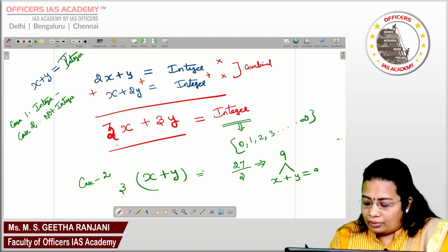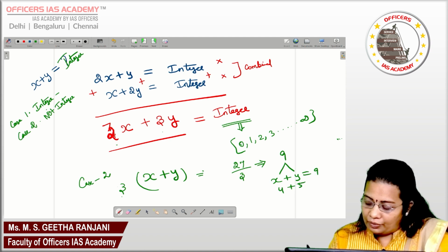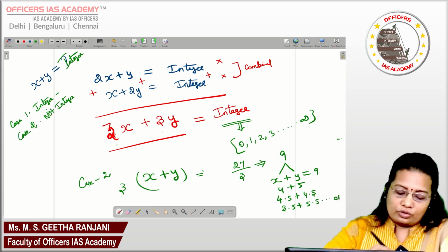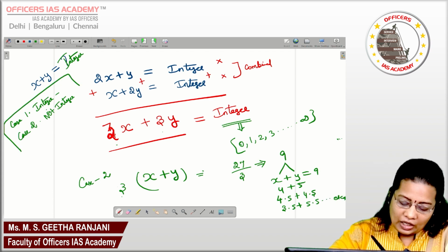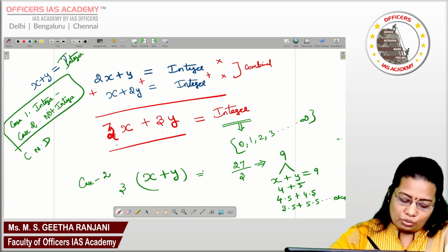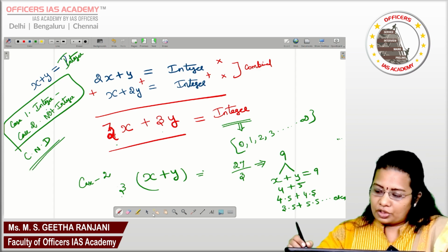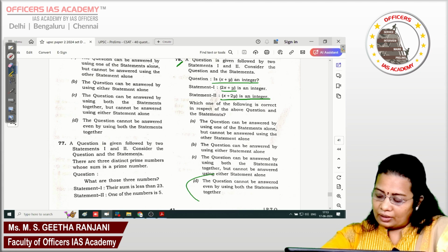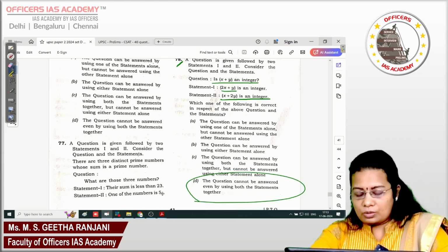Here it may be 4, here it may be 5, here it may be 4.5, here it may be 4.5, and here it may be 3.5, here it may be 5.5, etc. There are numerous values, so it cannot be determined even if you combine both the statements together. So the correct option you want to choose in the examination is option D: the question cannot be answered even by using both the statements together.